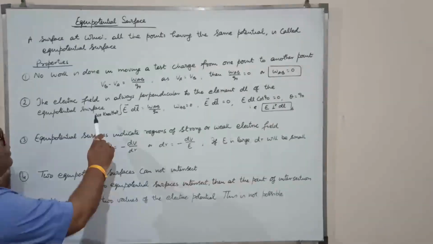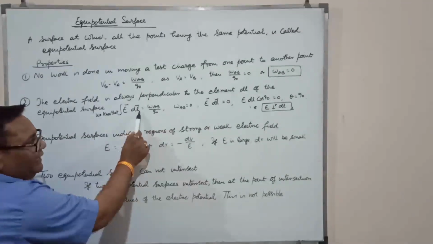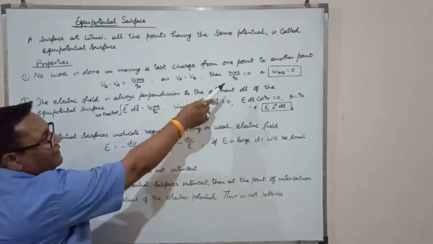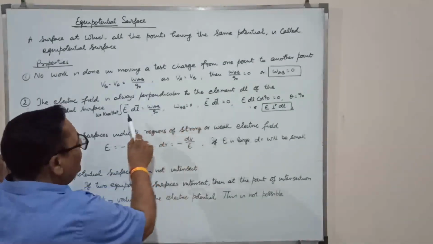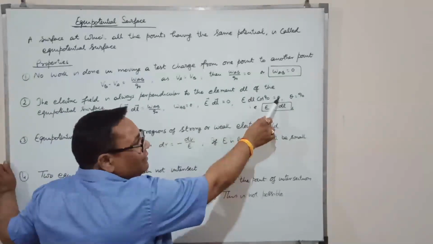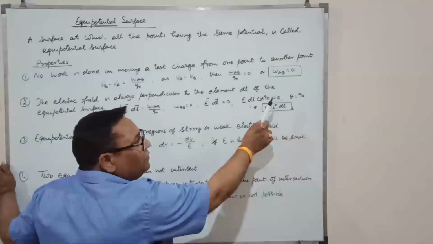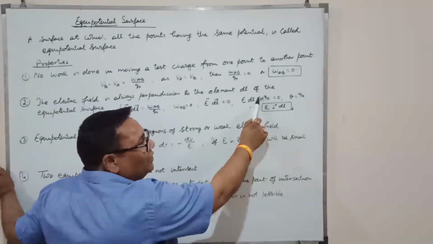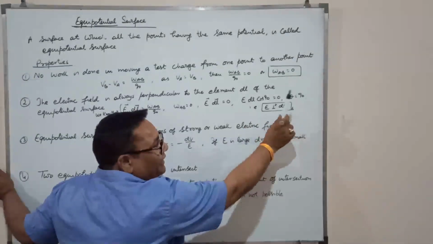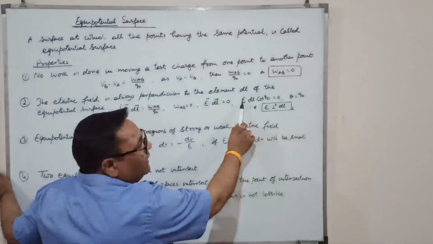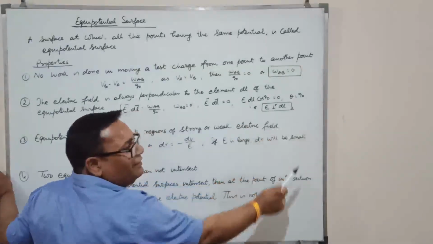Reason: we know that E dot dl is equal to WAB upon q naught, but the work done is 0. Then E dot dl is equal to 0. E dl cos theta is equal to 0. E is not 0, dl is not 0, so cos theta is 0, that is theta is 90. Then E is perpendicular to dl. The angle between E and dl is 90.